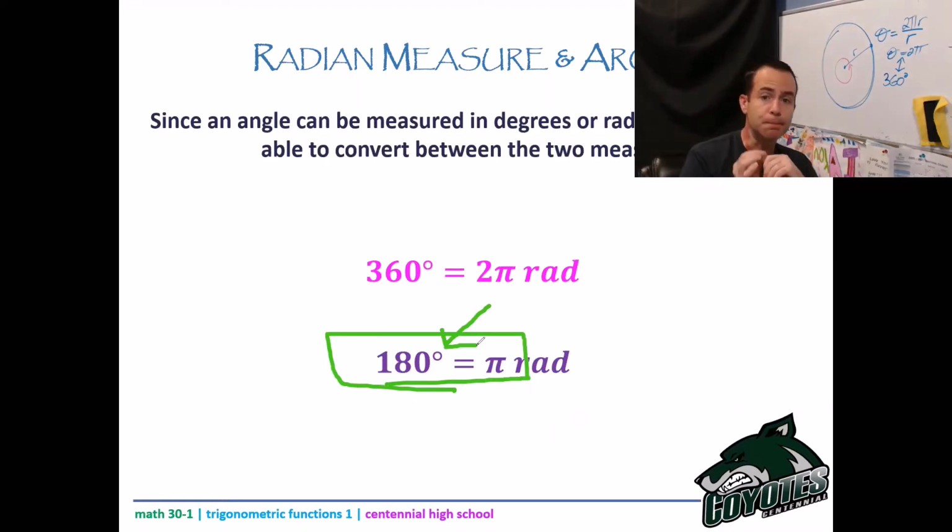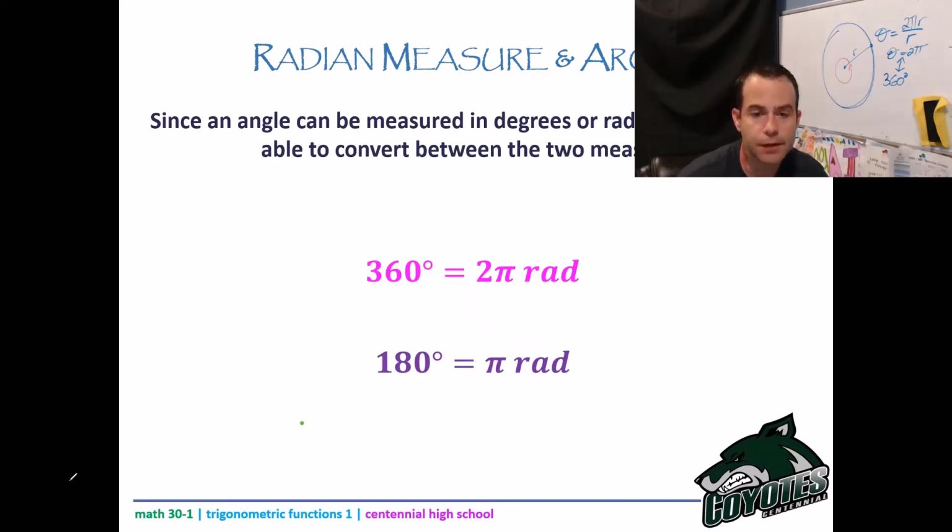It's just like units, right? Make sure you have that there. Now the RAD for radians, we don't actually have to have that. If there's nothing there, it's assumed to be radians. So you don't need units when you're talking about radians, but you absolutely need the units when you're talking about degrees.